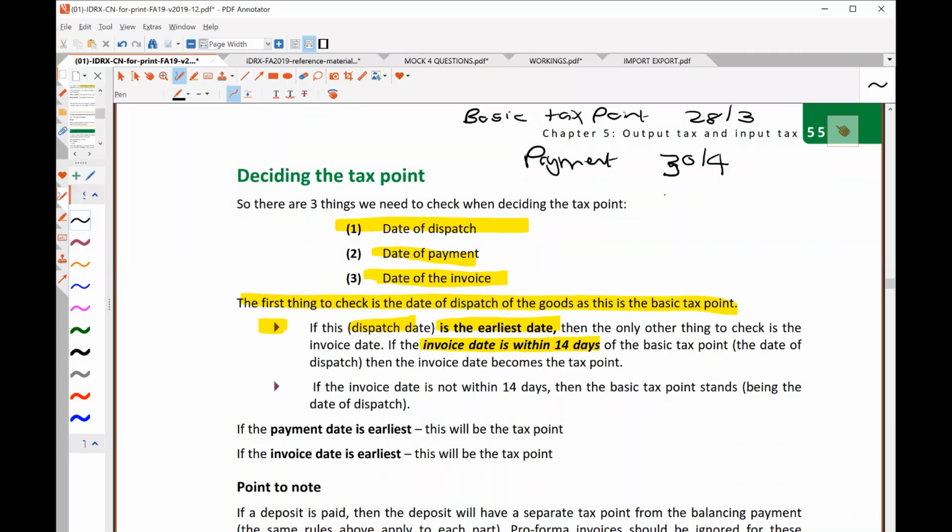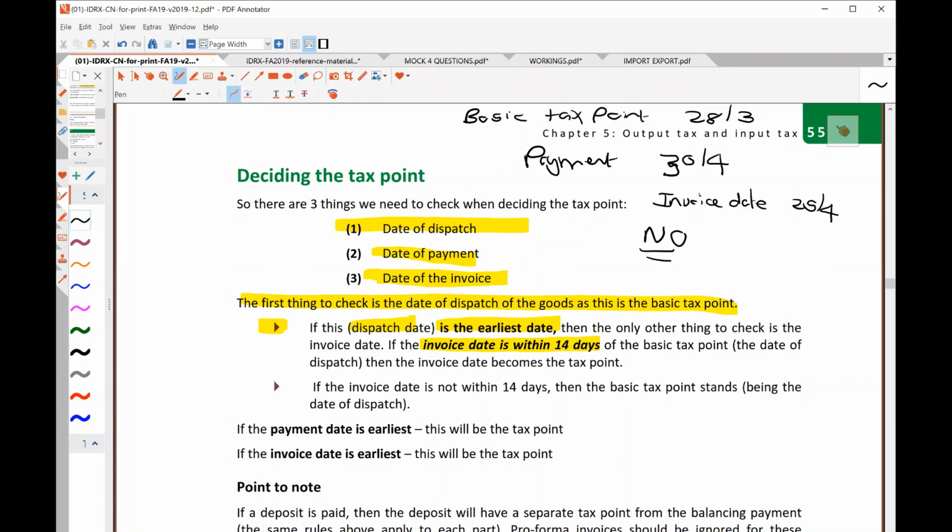And the invoice date is the 25th of April. So looking at those rules, we start off on the 28th of the 3rd. The first thing we check is whether the payment date or the invoice date is earlier than the basic tax point. Pretty obviously, the answer is no, because they're both after that date.